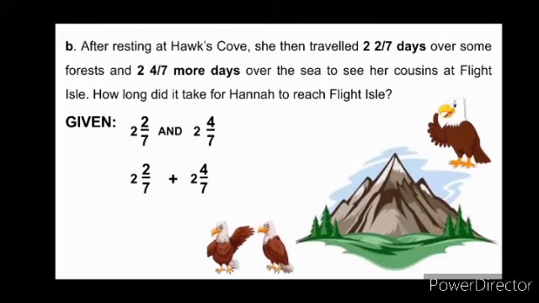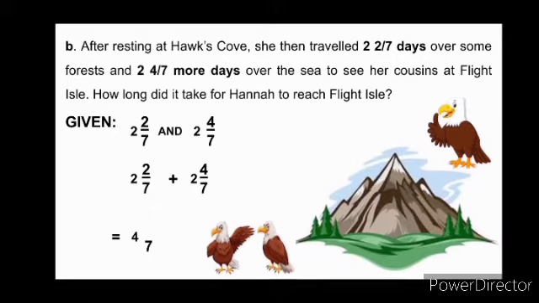We have here the 2 and 2 whole number. So 2 plus 2 is equal to 4. Very good. Now we're just gonna copy the denominator 7. What we have left again is the numerator.